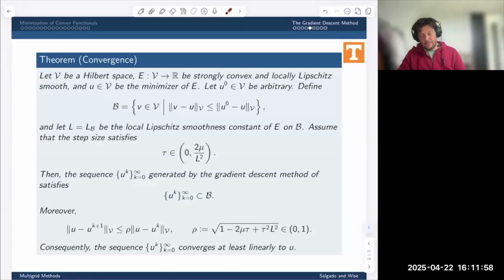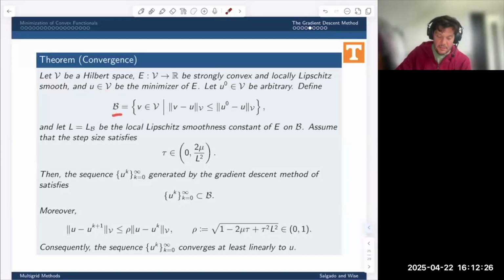It doesn't have to have any certain nice properties. And that's because our assumptions about E are absolutely global, so it's not going to matter how close we choose u naught to the global minimizer U.